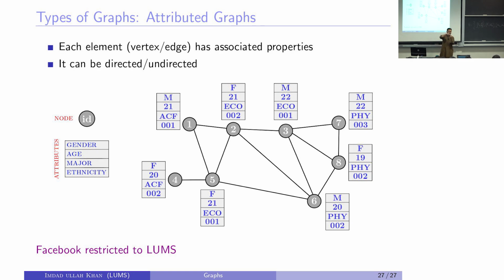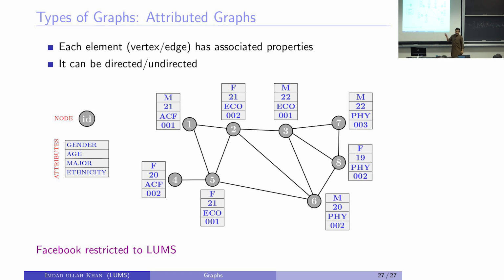Any friendship between a LUMS person and an MIT person, you don't look at. You just look at the local version of the Facebook graph. This is called Facebook restricted to LUMS. A graph restriction is a very well-known thing. We work with pieces of a graph. I have the word for it, but we'll describe it in the next slide. It's called a subgraph.